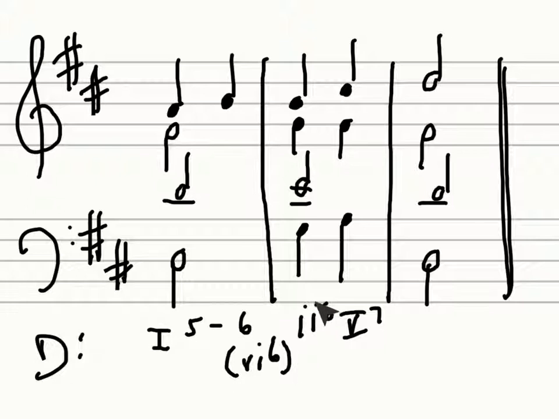We go to 2-6, that's the predominant area, 5-7, the dominant, and then 1, the tonic.